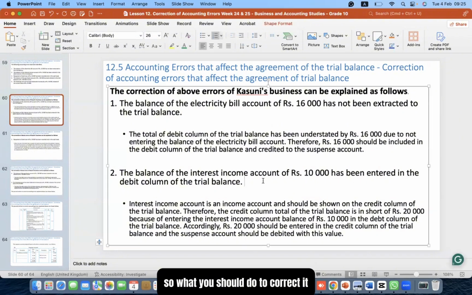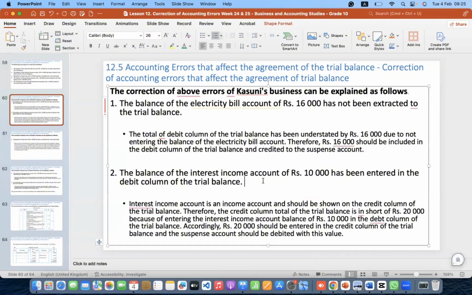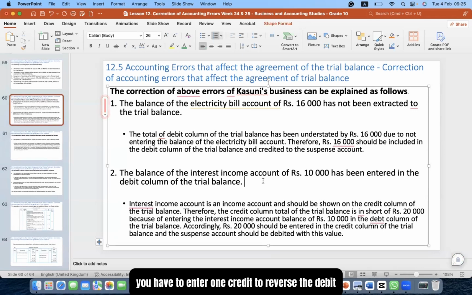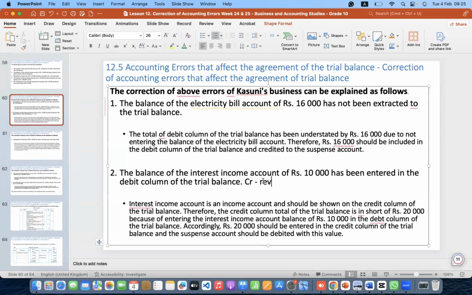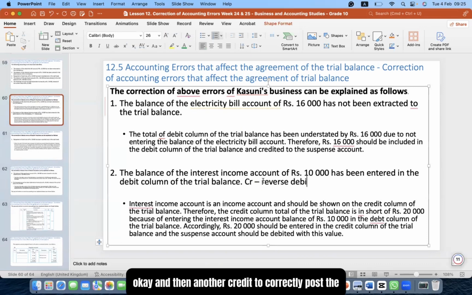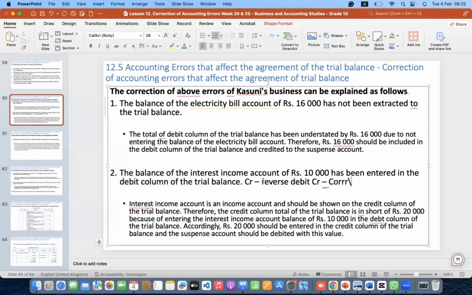So what you should do to correct it? First, you have to enter one credit to reverse the debit, and then another credit to correctly post the entry.